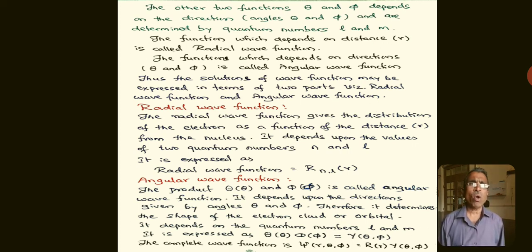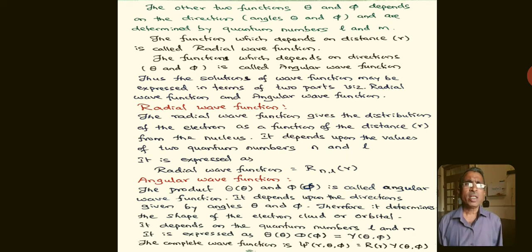Thus, the solution of the wave function may be expressed in terms of two parts, that is the radial wave function and the angular wave function. The radial wave function gives the distance from the nucleus to the electron. The angular wave function gives at what angle it lies in space from the nucleus. The radial wave function gives the distribution of the electron as a function of the distance r from the nucleus.